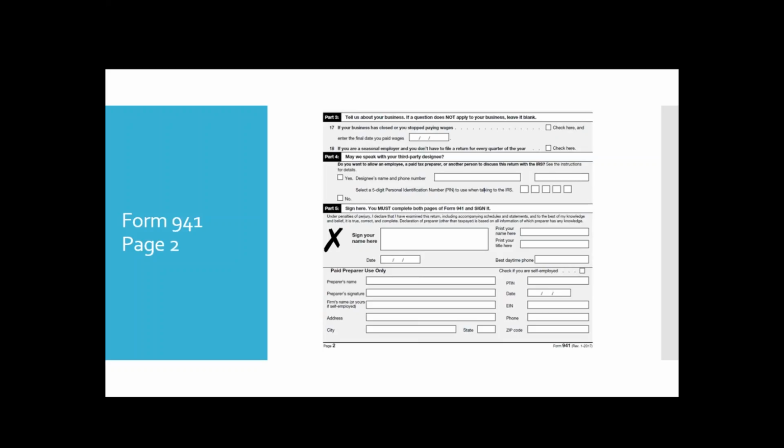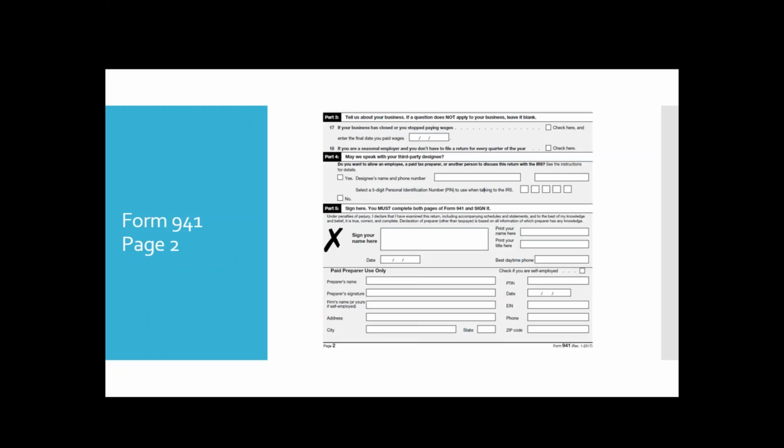Parts 3, 4, and 5 finish out the form. In Part 3, you're going to let the IRS know if the filing business is closed or is a seasonal business not filing for this quarter.